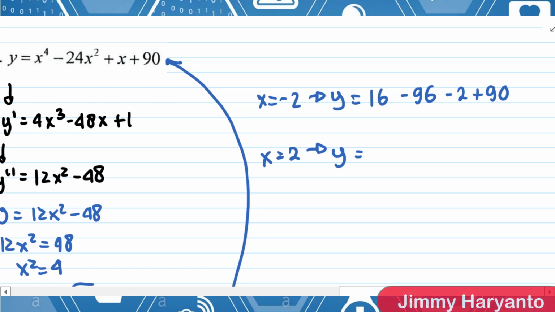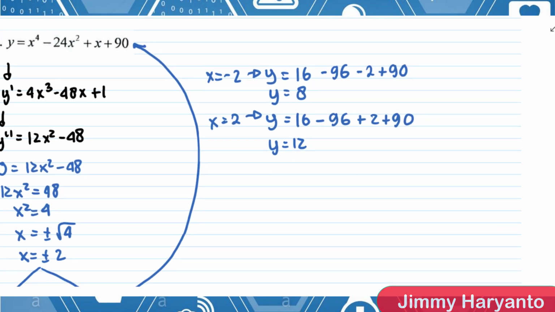It will be negative 8, so y equals 8. For 2, you'll have 16 minus 96 also, plus 2 plus 90, which is 12.